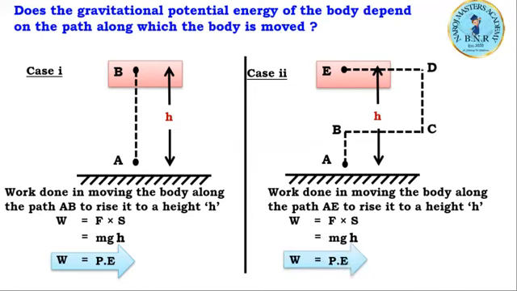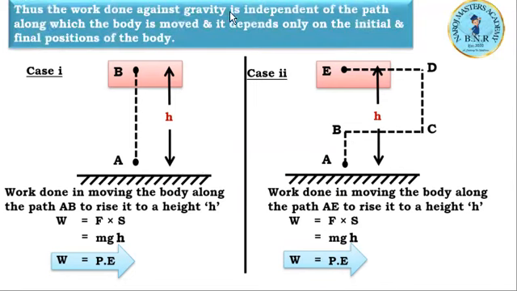So here the potential energy is W, which is nothing but PE. Thus work done against gravity is independent of the path along which the body is moved, and it depends only on the initial and final position of the body.